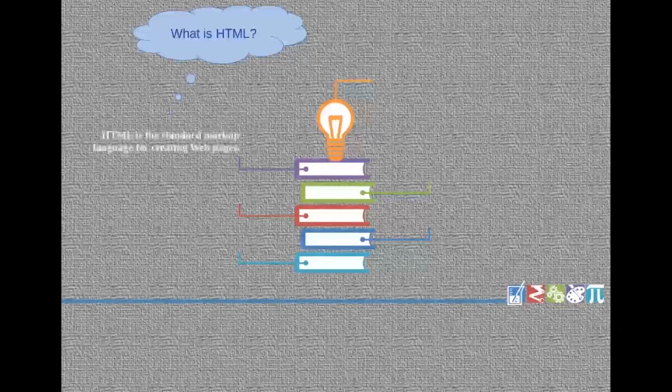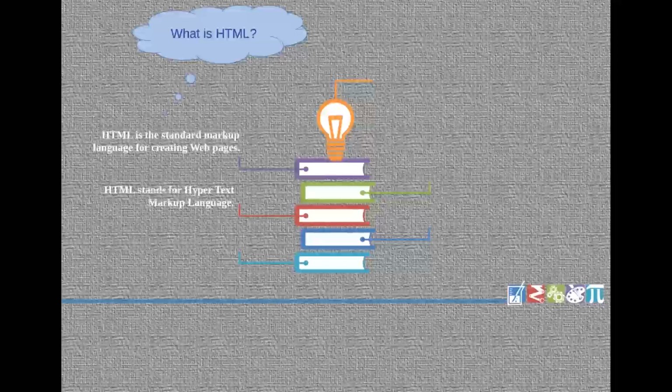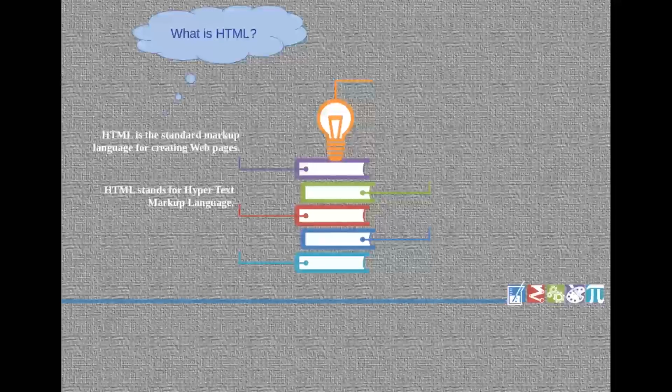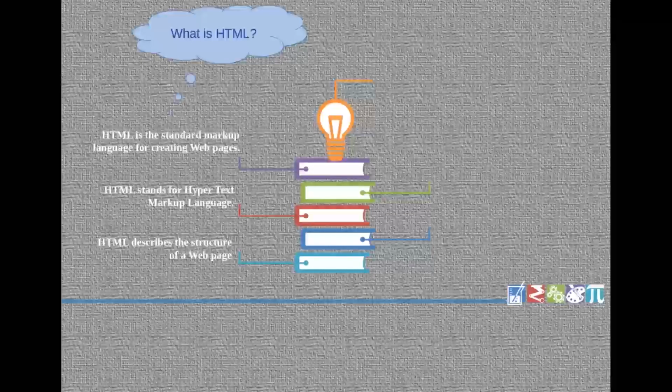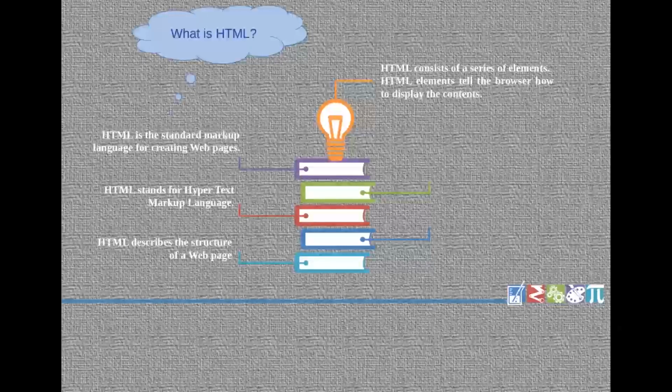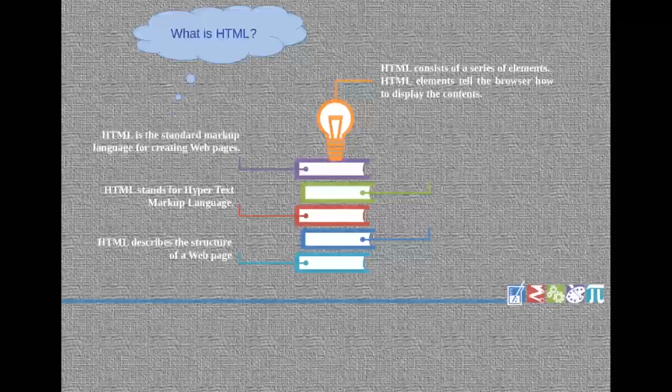HTML is the standard markup language for creating web pages, and it stands for hypertext markup language. Here HTML describes the structure of the web page, and HTML consists of a series of elements, and HTML elements tell the browser how to display the contents.